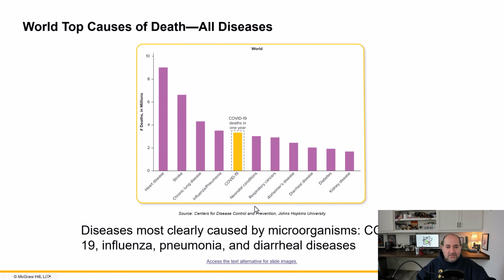Now, if we look at the top causes of death worldwide, we have even more examples of microorganisms or infectious agents. See, here you see influenza and pneumonia, COVID-19. We also see diarrheal diseases, which are often caused by microorganisms as well.